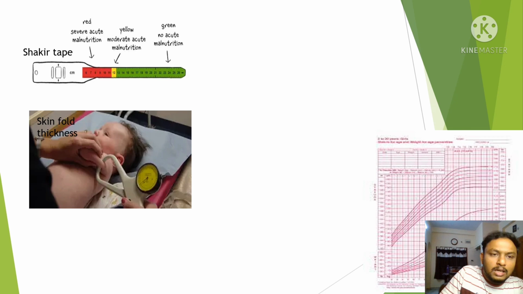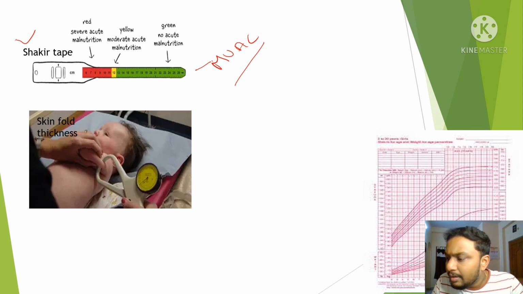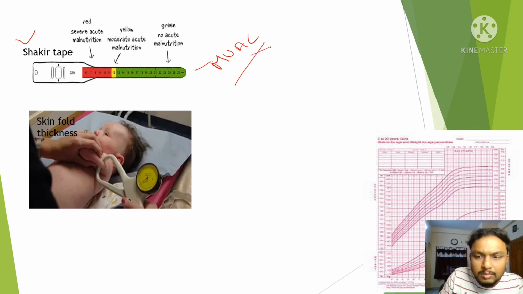So this is the Shakir tape. Shakir tape is used to measure the mid-upper arm circumference, MUAC, to know the undernutrition.